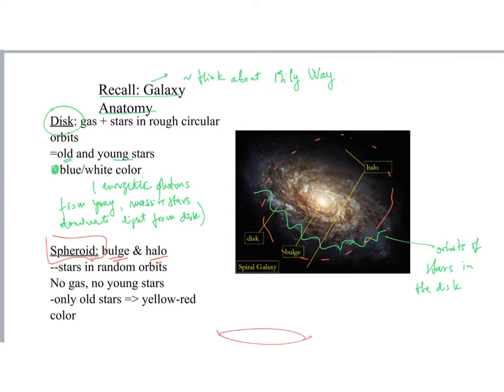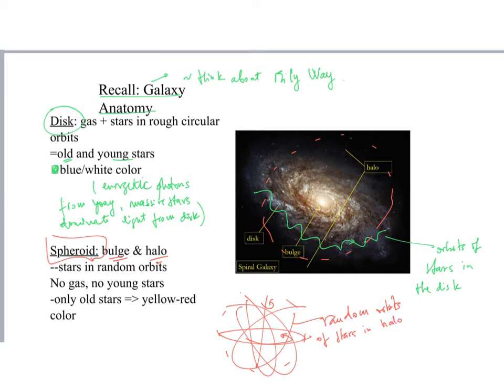Remember, we have the disk and the stars kind of rotating this way, and then we have those random orbits of stars in the halo and also in the bulge. Remember, they do similar things.